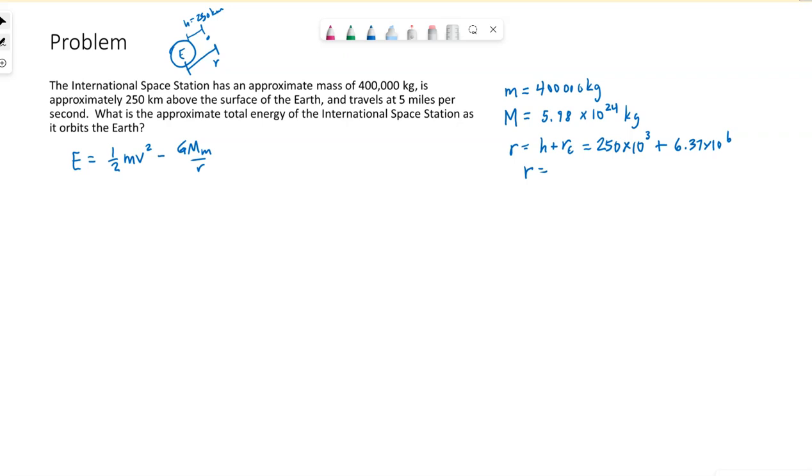So R for the potential energy term is those two added together. Capital G is our constant.